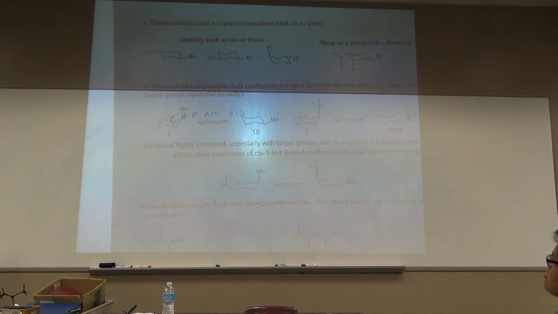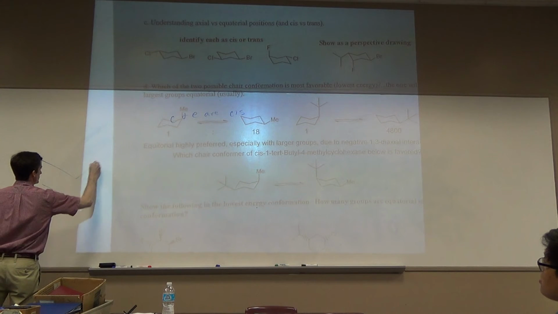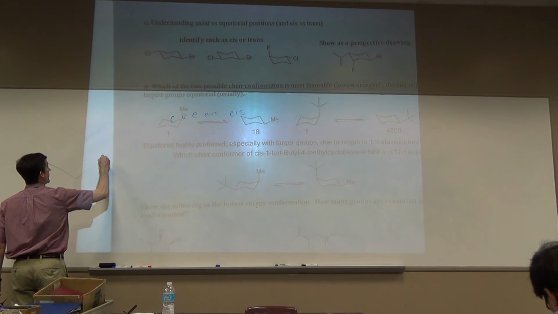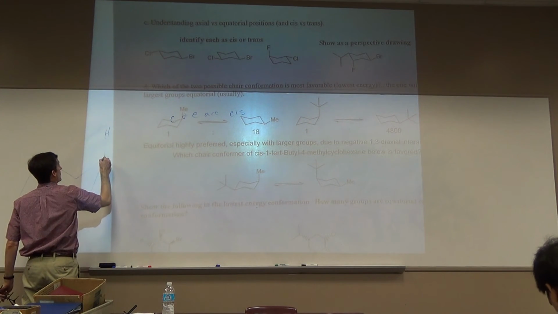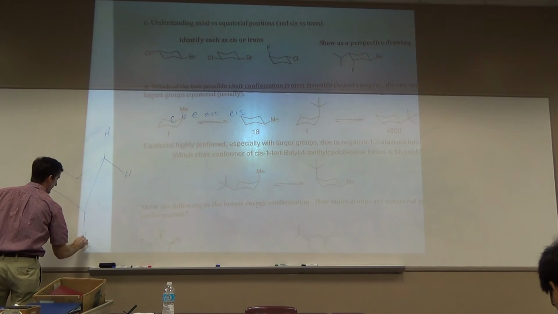Now, one thing I didn't do, and I should do, is a ring flip on the board. Let's redraw a cyclohexane. Actually, you can practice redrawing it, or you can look back at what you drew on your page earlier. I'm going to redraw the whole thing in here.